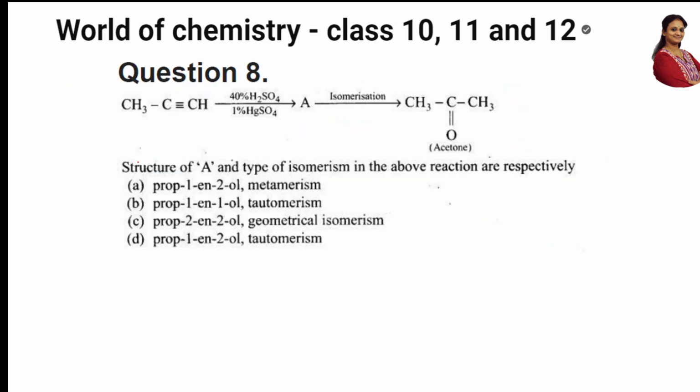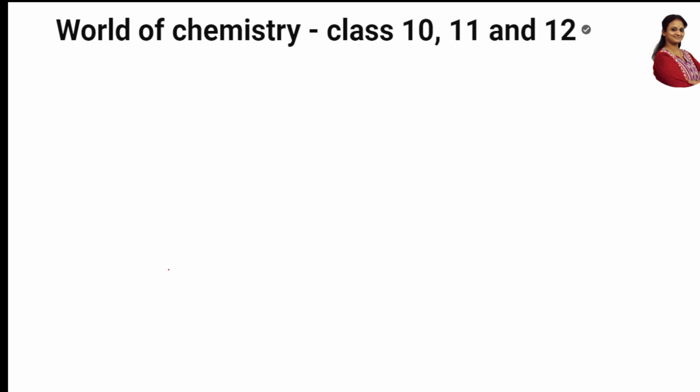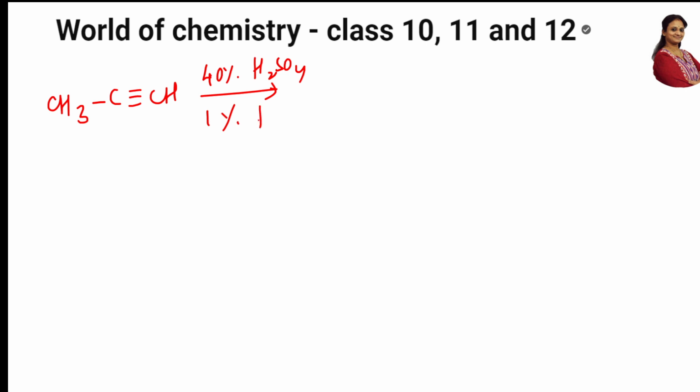Next question. They have given me an alkyne, with sulfuric acid and mercuric sulfate, then isomerization to acetone. This is one of the questions I did earlier. What is the product formed? They have given me an alkyne with 40% sulfuric acid and 1% mercuric sulfate.